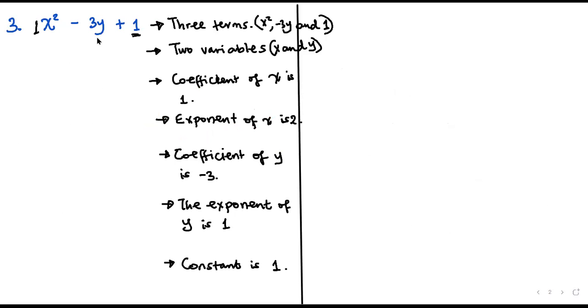So let me give you another example, the last one, and then we try to again look at these expressions in detail. Let's call this number 4. Let's have 6xy to the power of 3 plus 1.